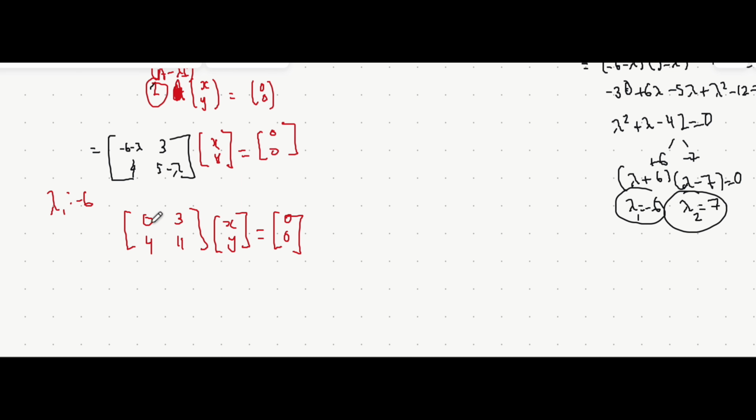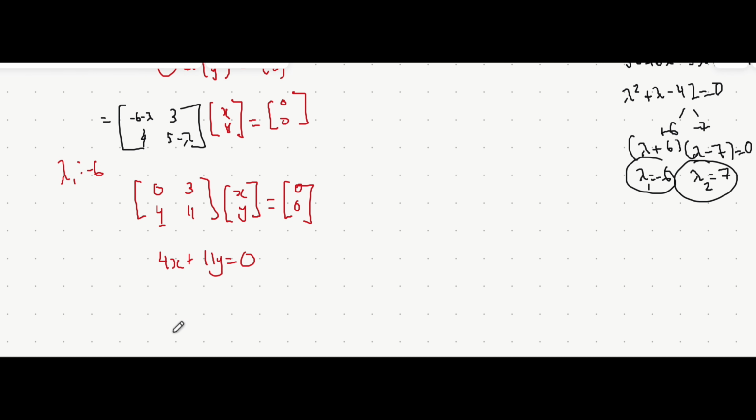Now, in order to solve this, 0x plus 3y would equal 0, but that doesn't really help us. Instead, we can form an expression using this other part of the vector. So 4 times x is 4x, and then plus 11 times y is 11y, and all of that is going to be equal to 0.